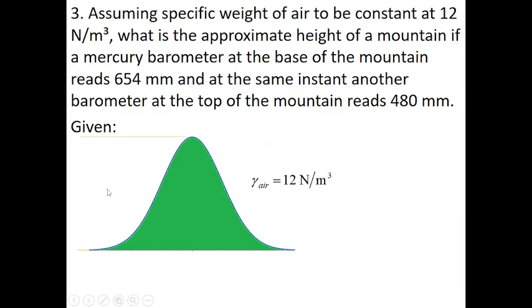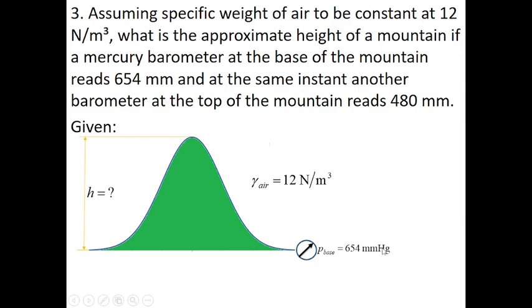What will be the approximate height of this mountain if we have a mercury barometer at the base of the mountain that reads 654 millimeters of mercury?